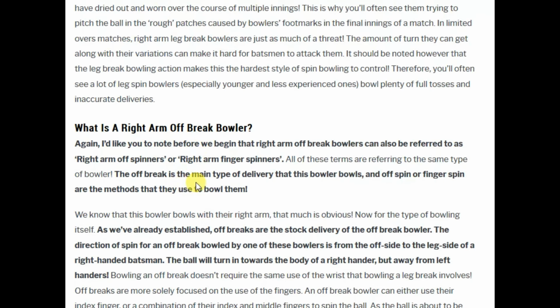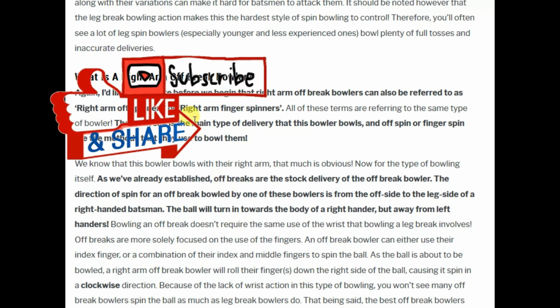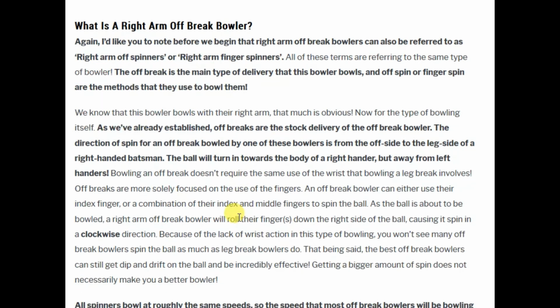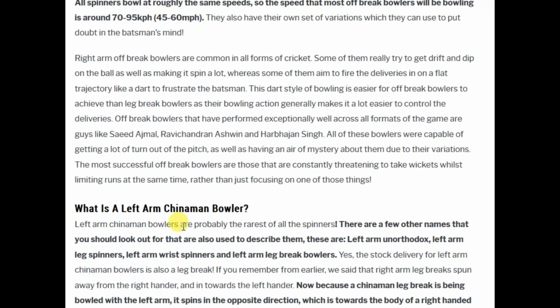The off break is the main type of delivery that this bowler bowls, and from this comes off spin or finger spin, which are the methods they use to bowl them. Already we have established what the off break and the simple type of fingertip bowling are. All off spinners can bowl this type of bowling at speeds from 70 to 95 km per hour.